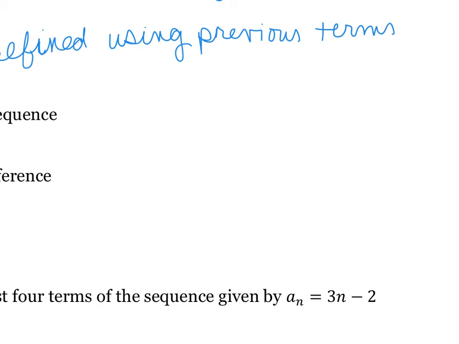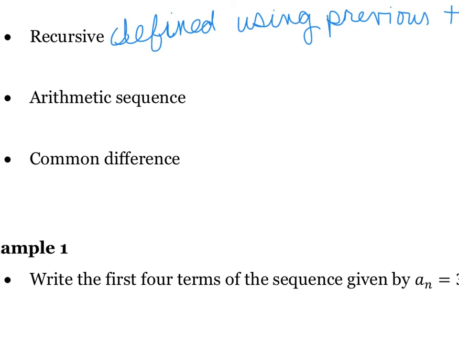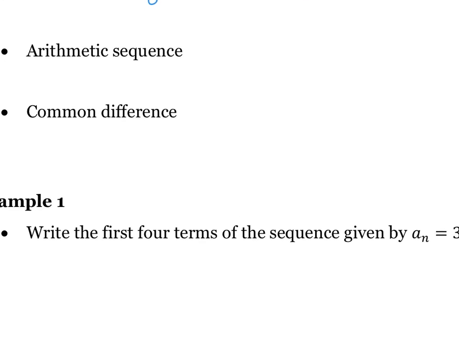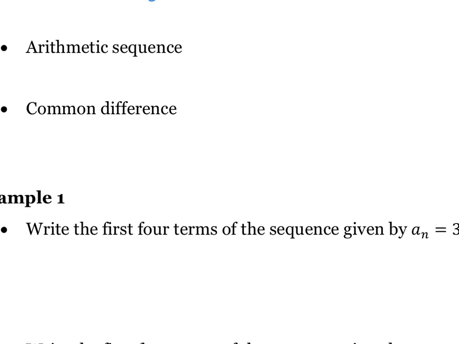And that's really the first kind of sequence that you start with. Then we look at the way that the terms are defined, and the first one that we're looking at is an arithmetic sequence. You would recognize an arithmetic sequence because it looks like a linear equation.